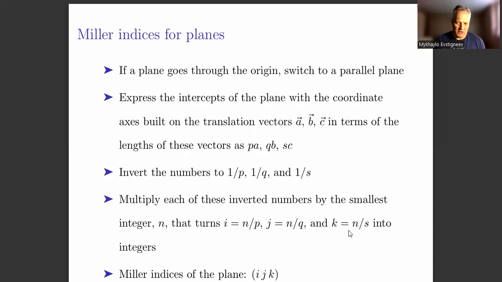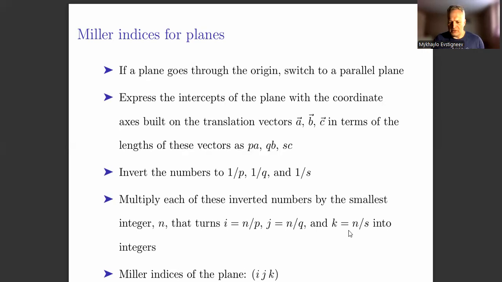Because again, if they do have a common factor, then it is perfectly legit, but a plane with Miller indices 1, 1, 1 and a plane with Miller indices 2, 2, 2 is one and the same plane.